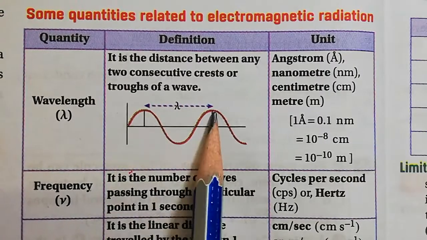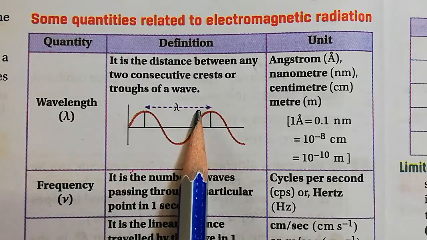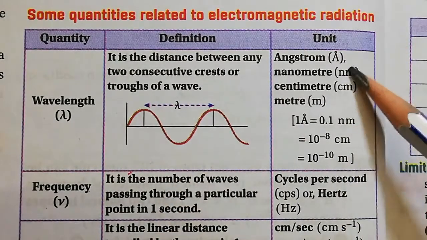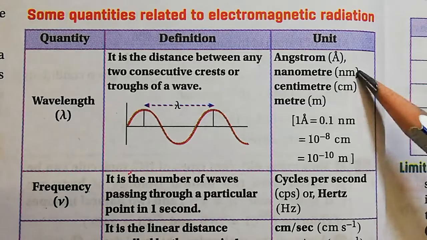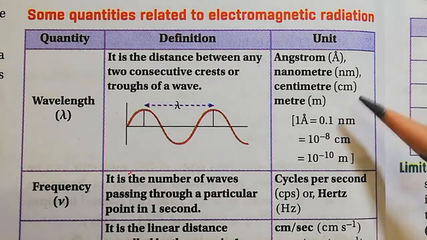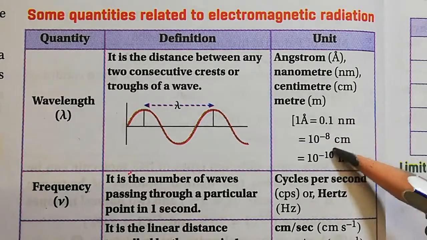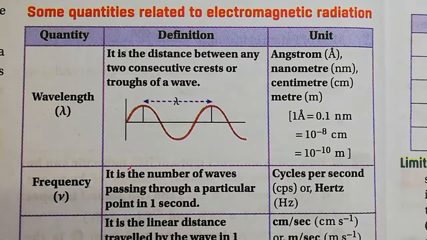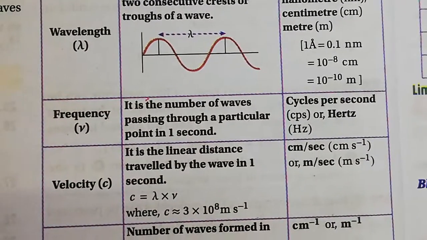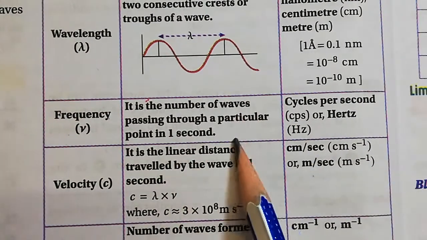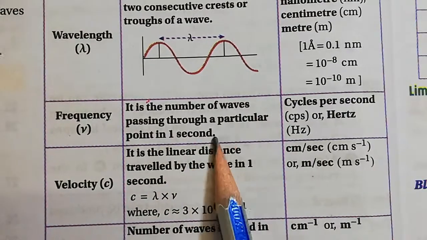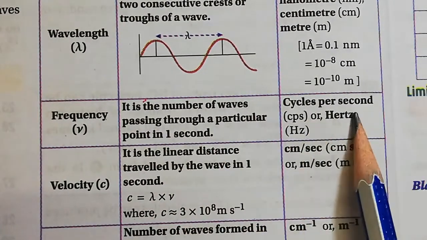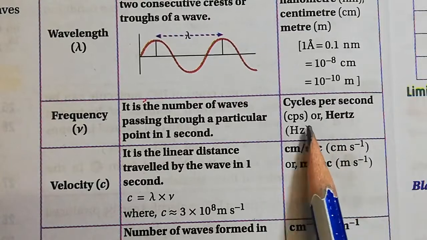So that is the distance of a complete wavelength, and the common units used for wavelength are angstrom, nanometer, centimeter or meter, and these units are related by this simple relation. The next one is frequency, the number of waves passing through a particular point in 1 second. The unit is cycles per second or hertz, Hz.